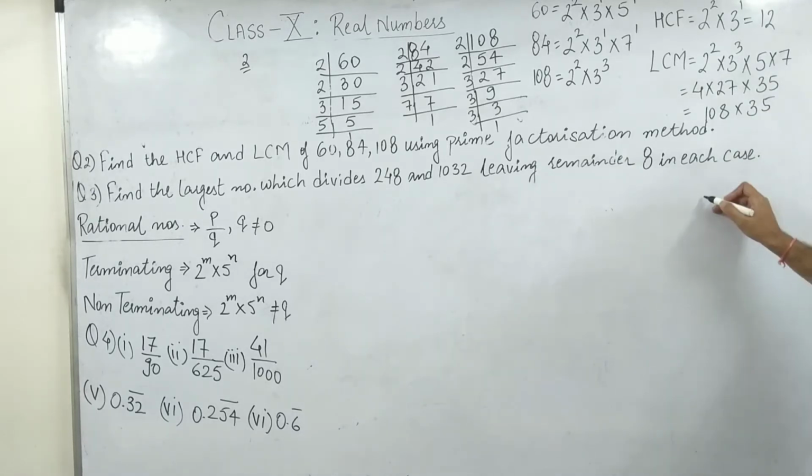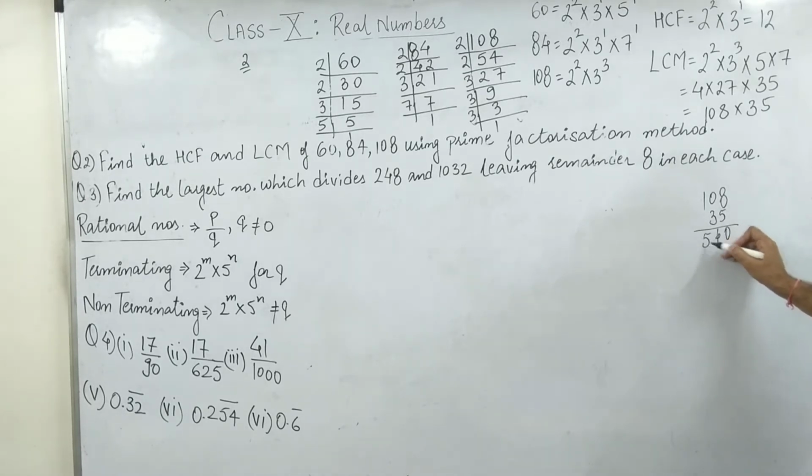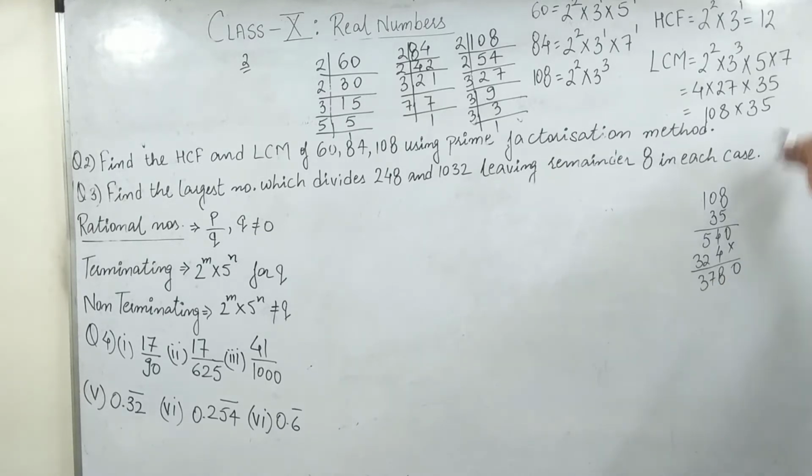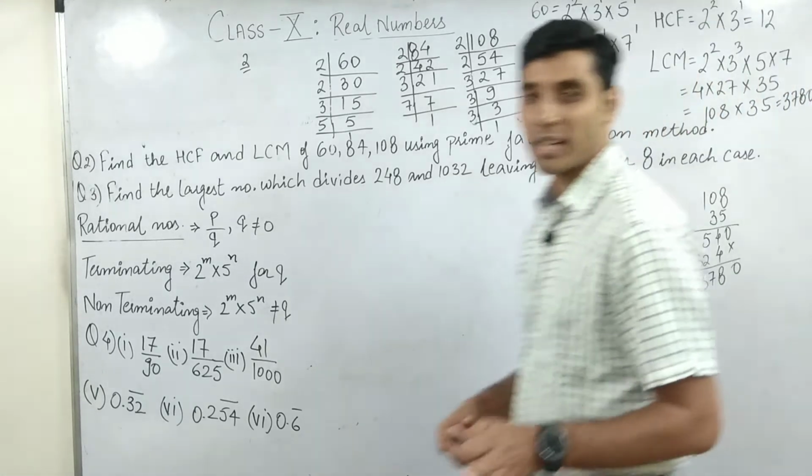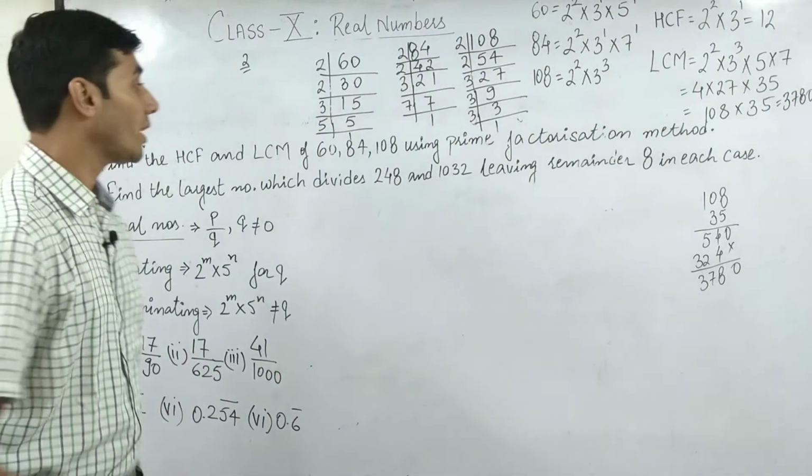Let's start solving. 108 multiplied by 35 would give you 3780. So the answer is 3780, and that's all guys. You've done it. It's not that tough, it's kind of easy.